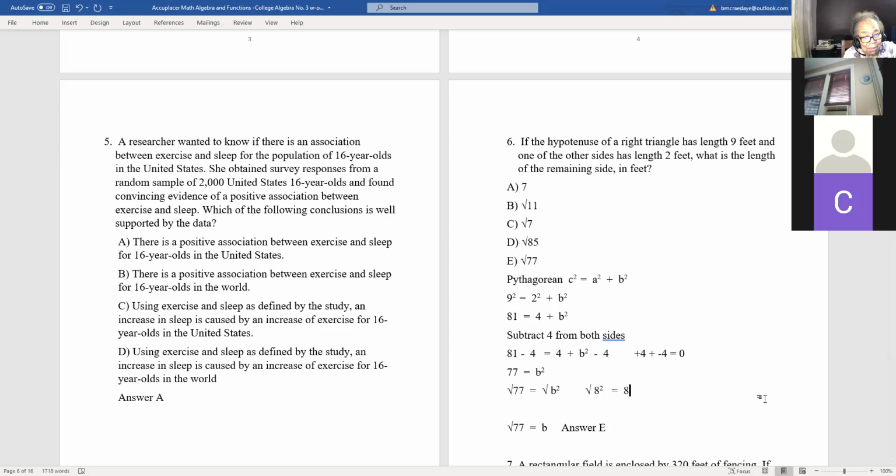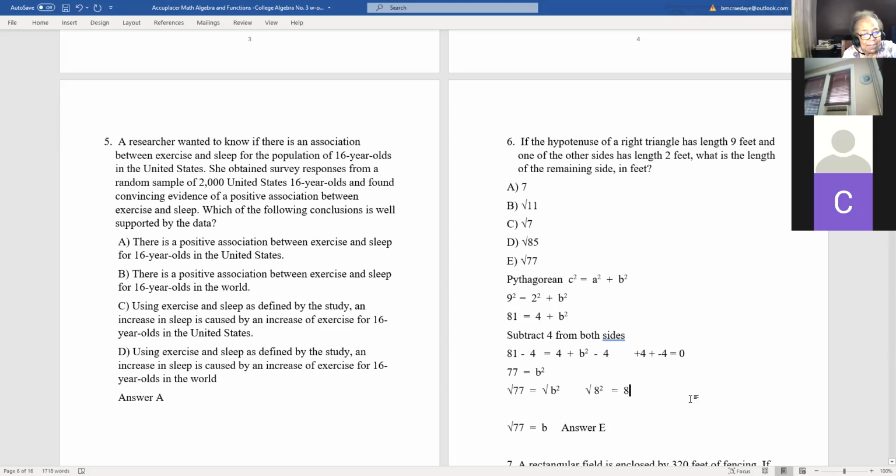Follow? Yes. So whether it's a number, like here, or whether it's a variable, when you take the square root, you're just going to get back the variable or the number. If this was x squared, square root of x squared would just be x. Square root of p squared would just be p. Square root of 9 squared would just be 9. 9 squared is 81.